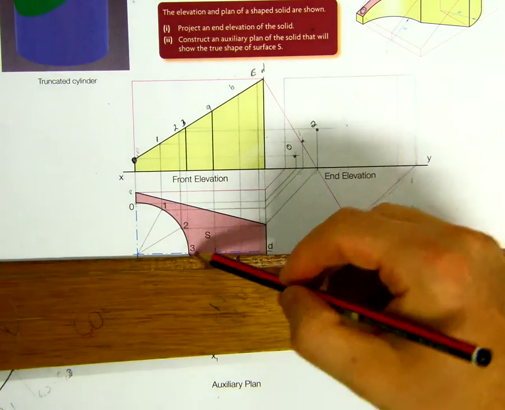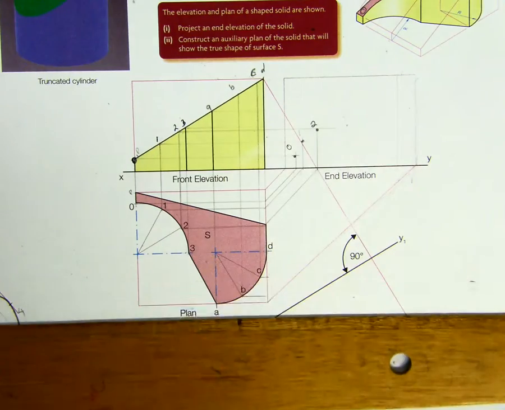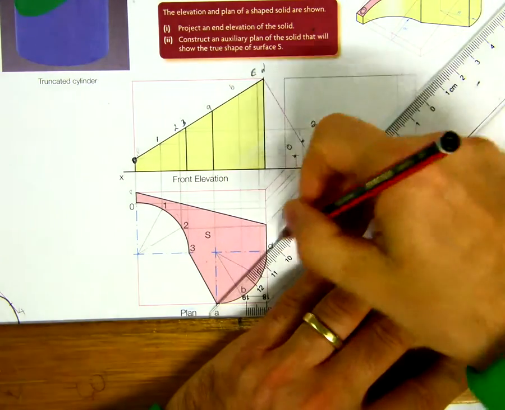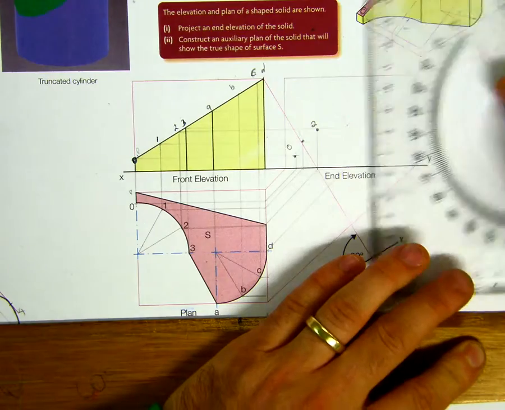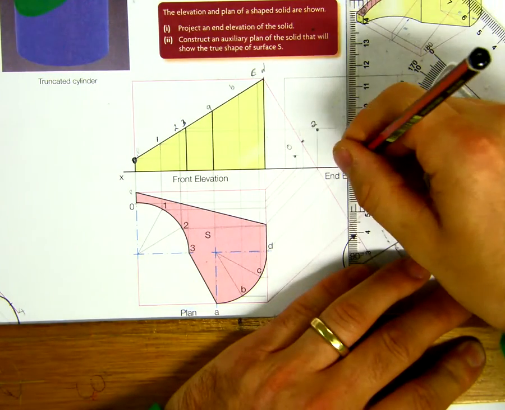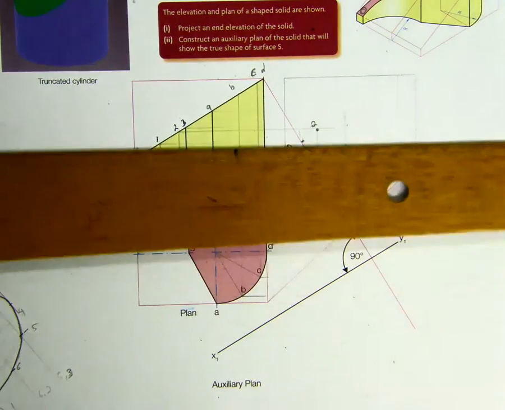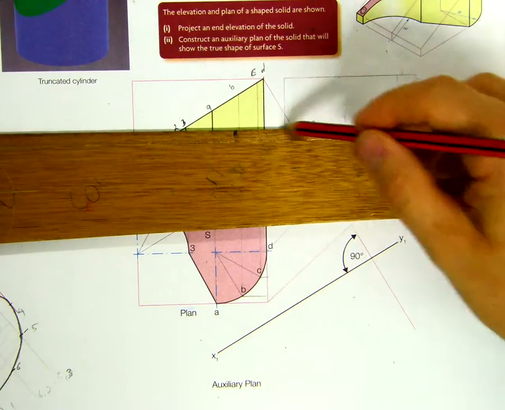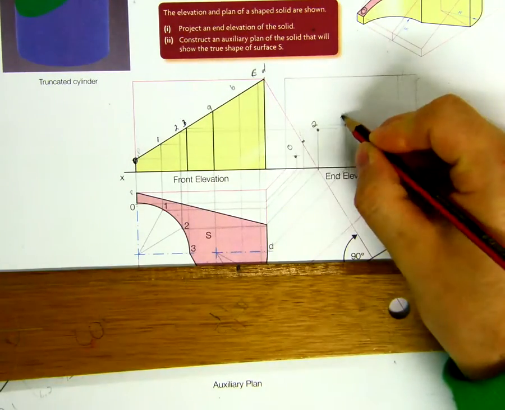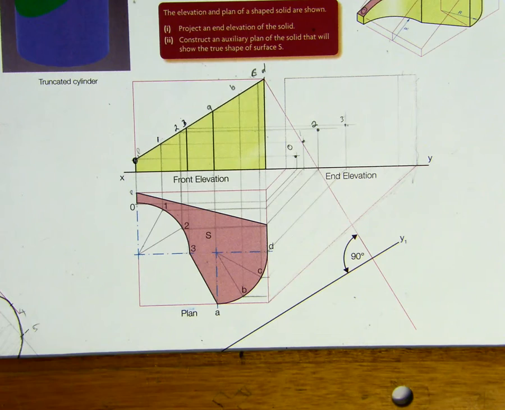Next thing then we have is 3, so bring 3 across, up at 45 degrees, up vertically, so where 3 intersects it there, across from elevation, that's going to be 3. Okay, so we have 1, 2, 3.